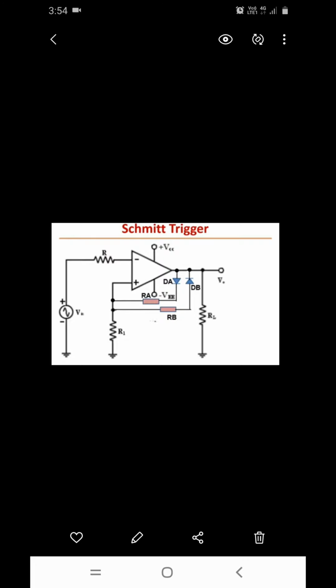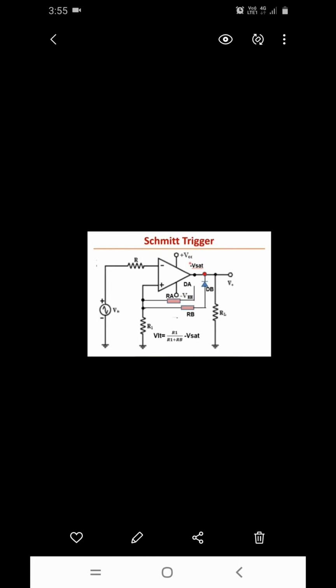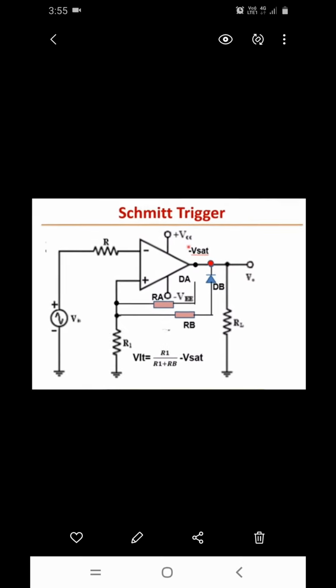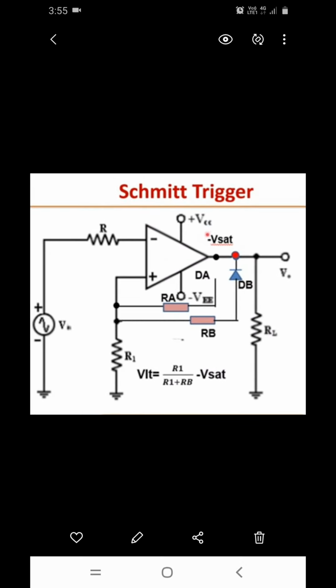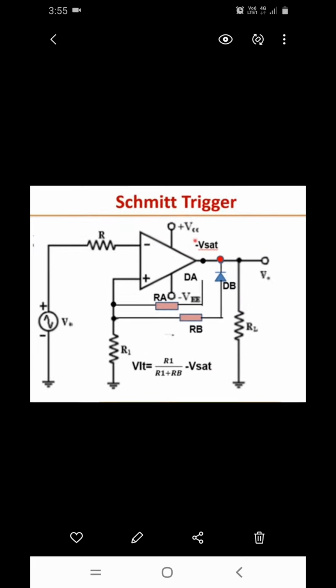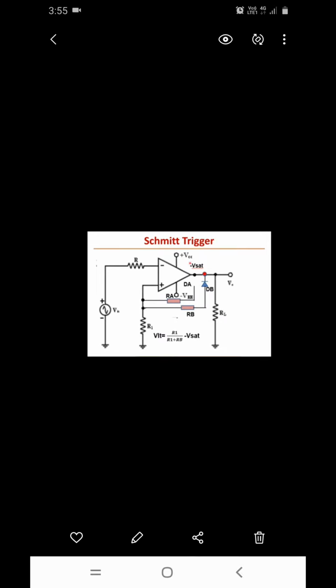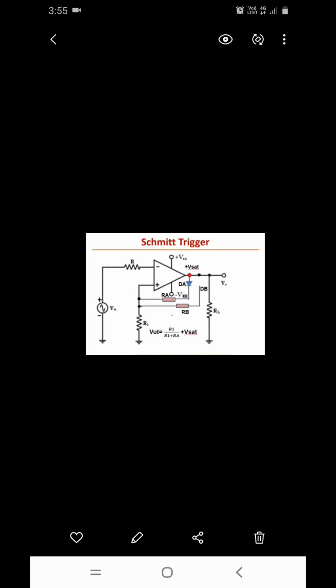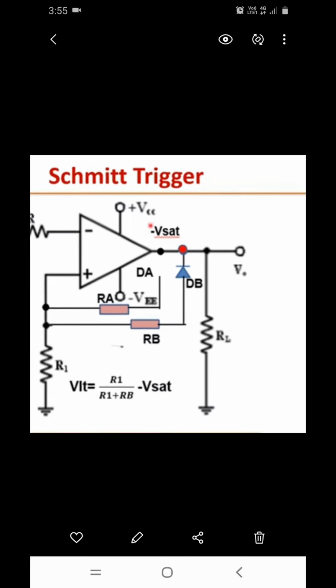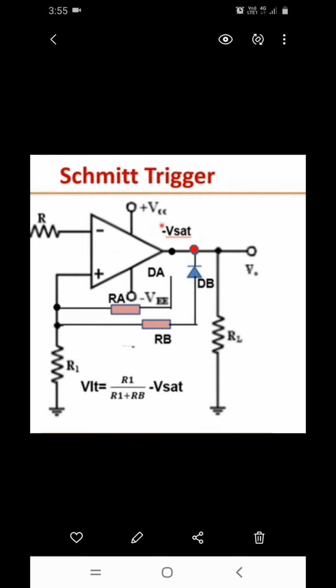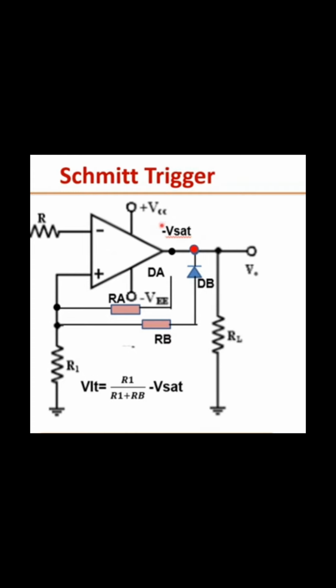Whenever the op amp output is positive Vsat, DA is conducting and current will flow through RA, and whenever output is minus Vsat, DB will be conducting.